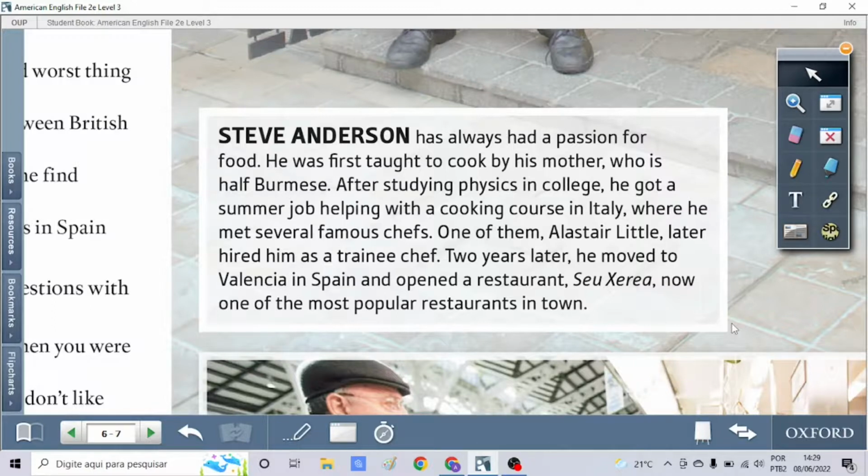After studying physics in college, he got a summer job helping with a cooking course in Italy, where he met several famous chefs. One of them, Alastair Liddell, later hired him as a trainee chef. 2 years later, he moved to Valencia in Spain and opened a restaurant, Chuceria, now one of the most popular restaurants in town.